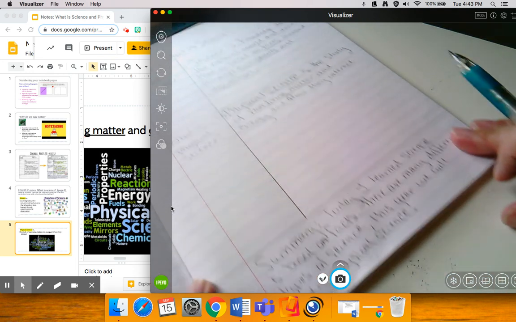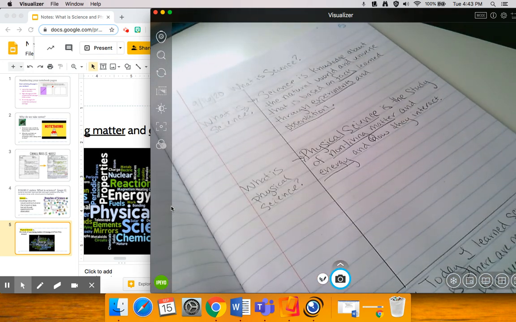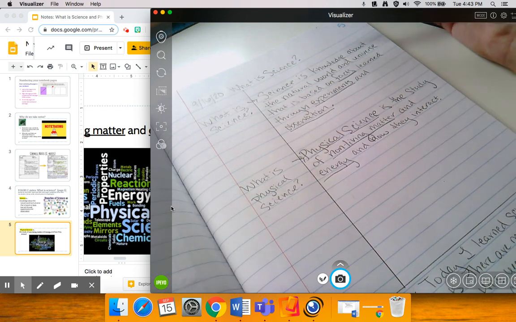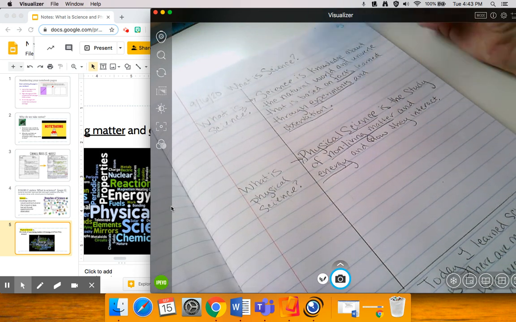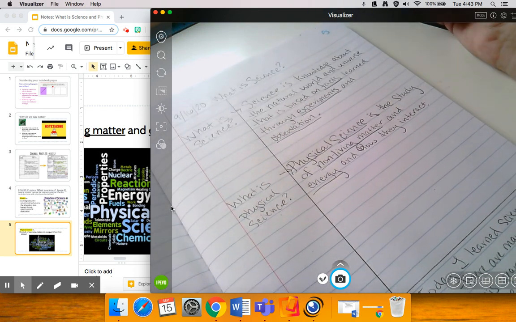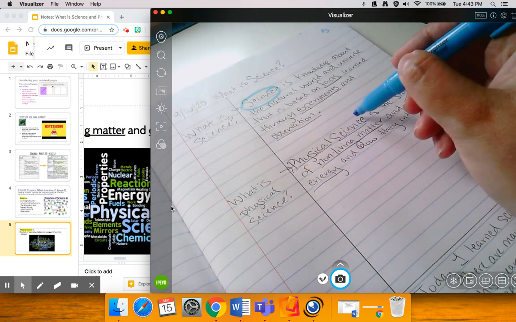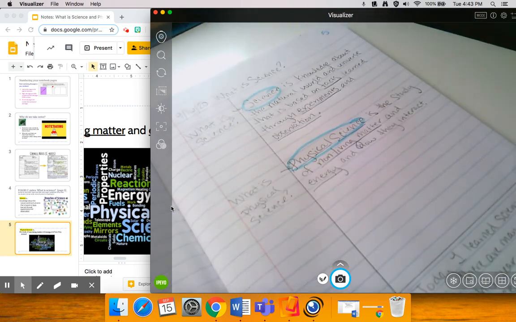2 sentences. And then the last thing we want to do, if you have highlighters or colored pencil, or you can just use a different pen or pencil, or whatever writing utensil you're using. I like to go in and just read through them and make sure all my notes make sense. And if I have any new vocabulary words, I like to circle them. Science and physical science.